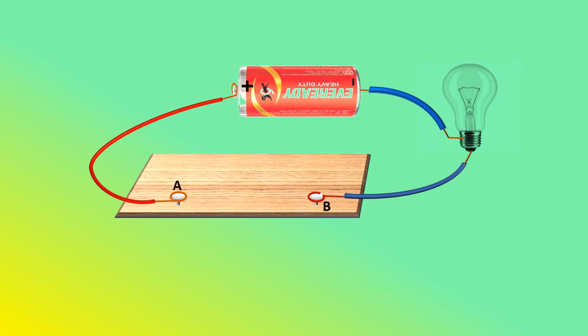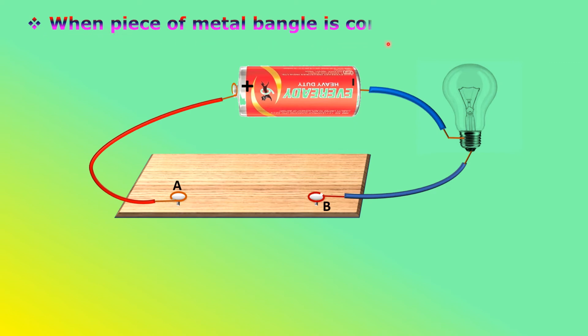Now I am going to connect a piece of metal bangle. When a piece of metal bangle is connected between A and B, that means I am making the circuit complete by connecting a substance between the 2 points.